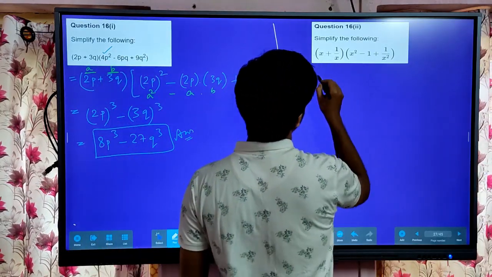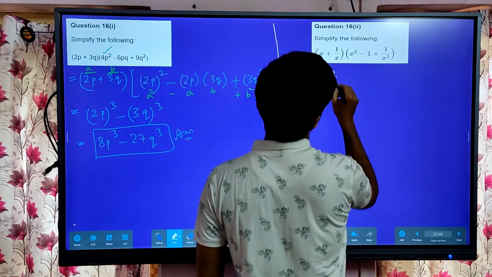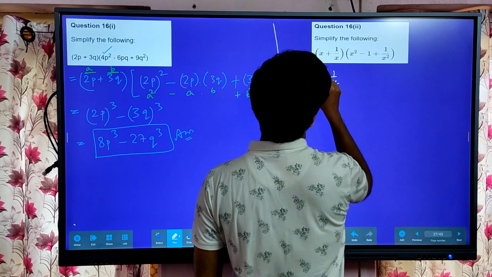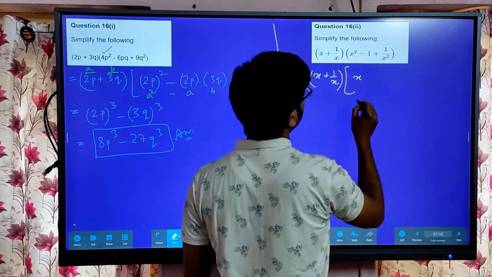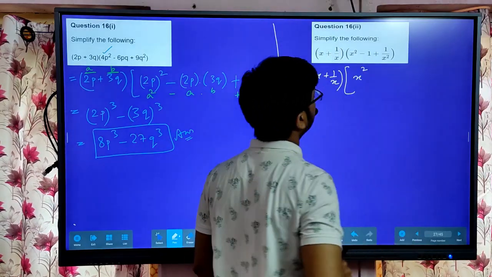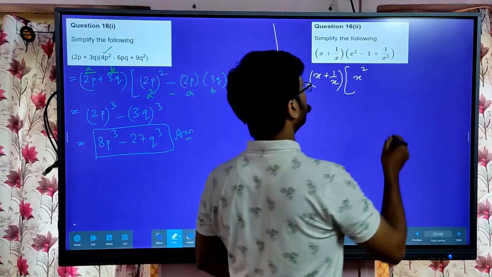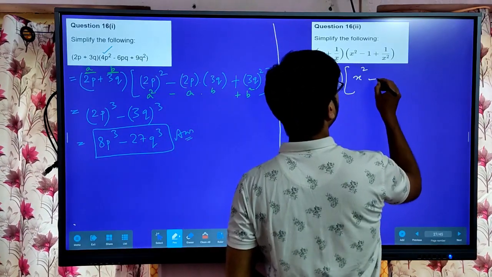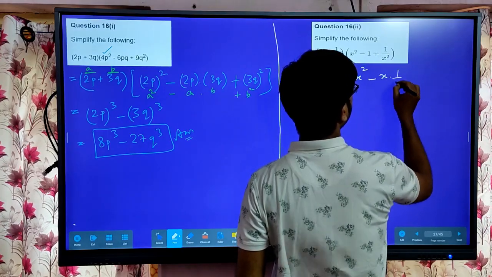So here it will be x plus 1 by x into, this is x square. Then this is a, this is b. So next term will be minus ab. Minus x is a and b is 1 by x.